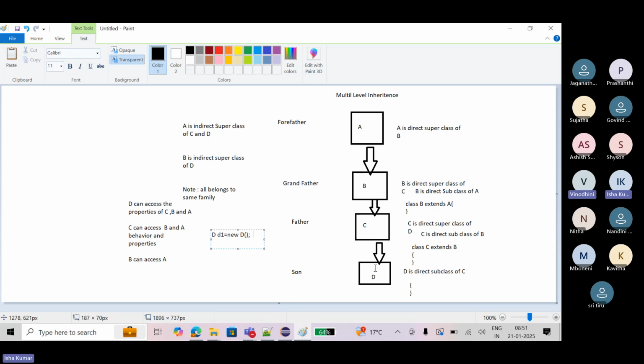You can show your own behavior and some behavior you have taken from parents. Correct or not? Child will have his own behavior as well as parents' behavior. So it will create an object of D. Using the D1 reference variable, you can access the properties and behavior of C, B, and A, all 3 classes. So you don't have to create an object of each and every class. Understood? That is the concept of parent and child.